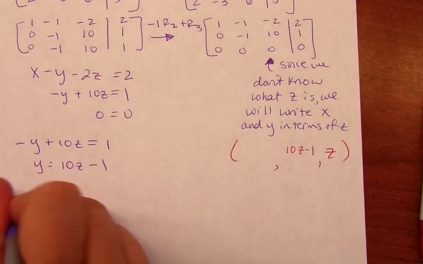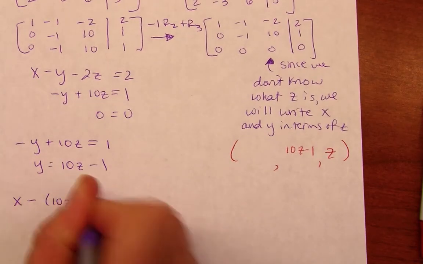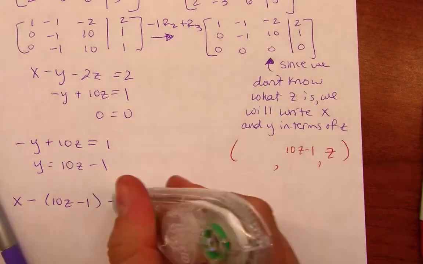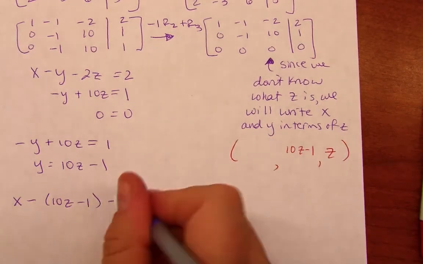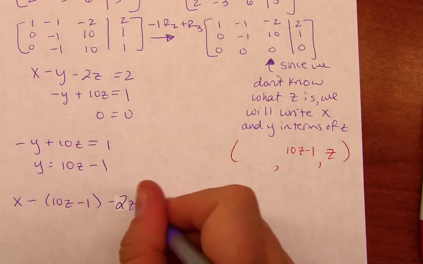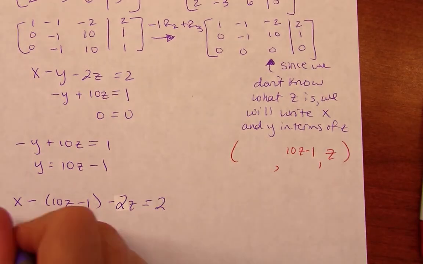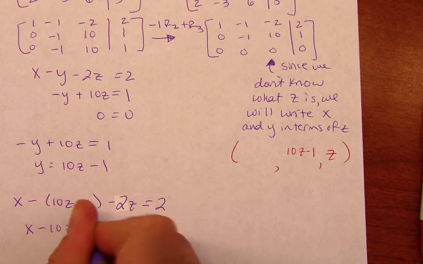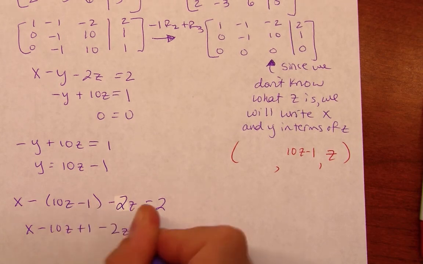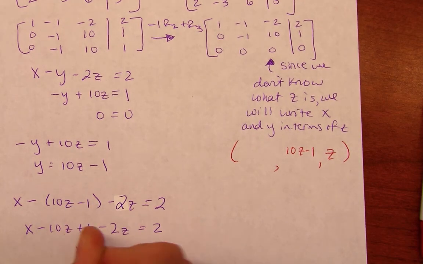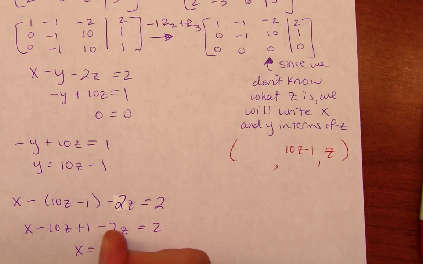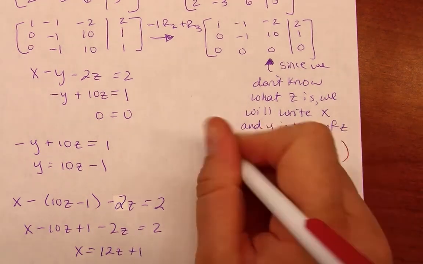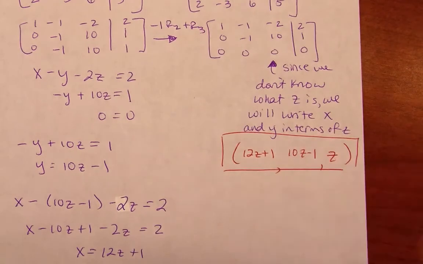So we have x minus (10z minus 1) minus 2z equals 2. And solving for x, x is going to be equal to 12z plus 1. And that's what we get here.